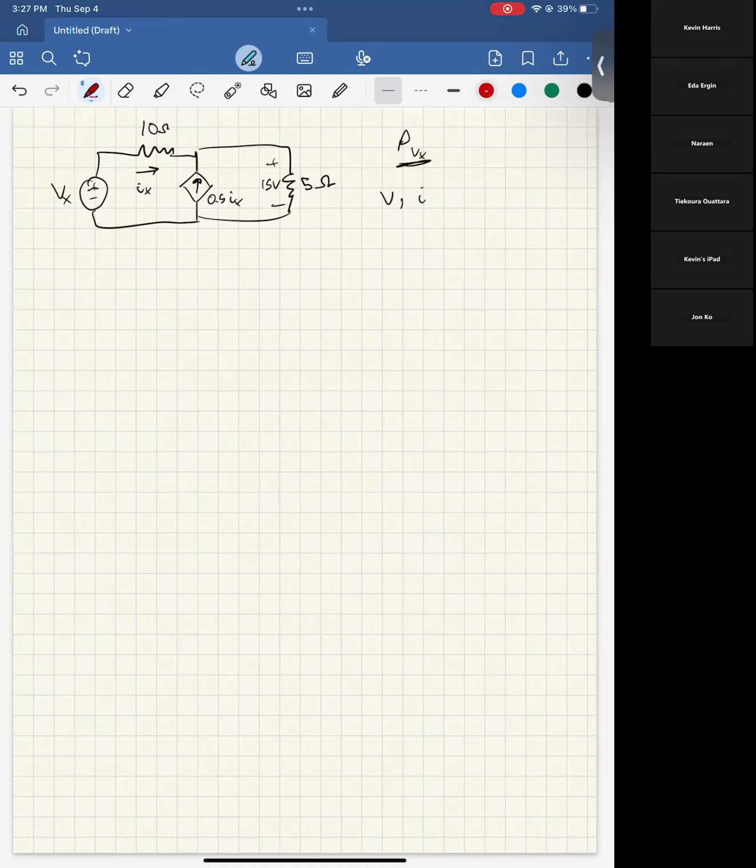So we need to find the voltage here and here, and we need to find this current, which is the same as Ix, because it's connected. So basically we just need to figure out what's going on in the circuit. Same thing as most of the rest of the stuff I've been talking about. Write your equations, figure out what you can do, and then use the values you figure out to figure out everything you need.